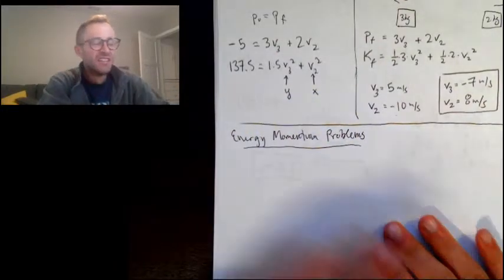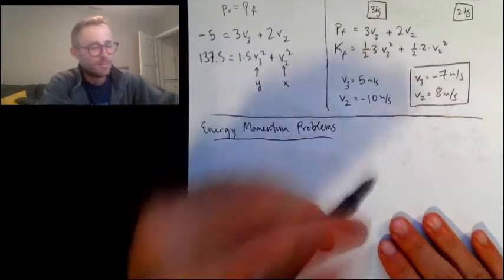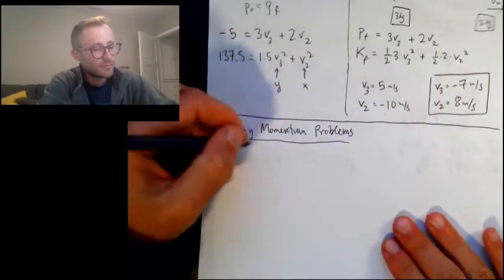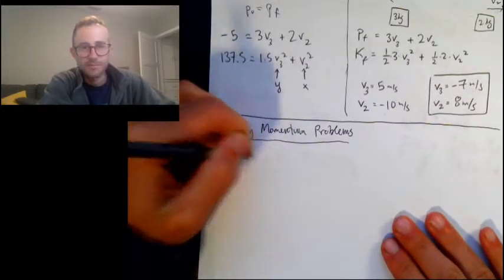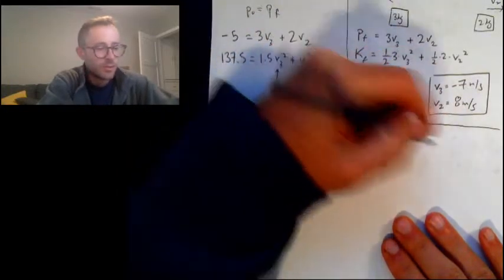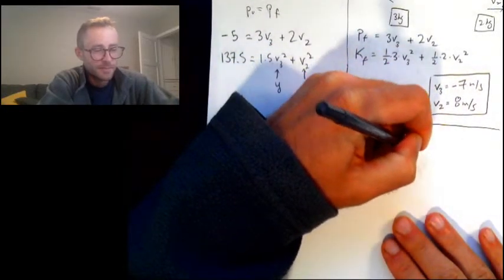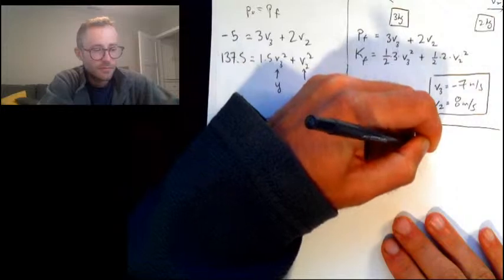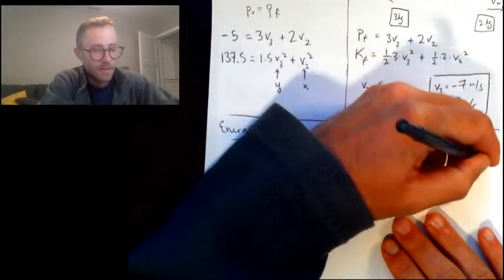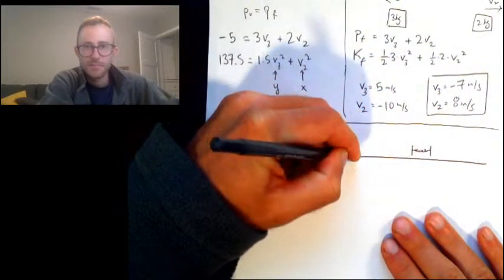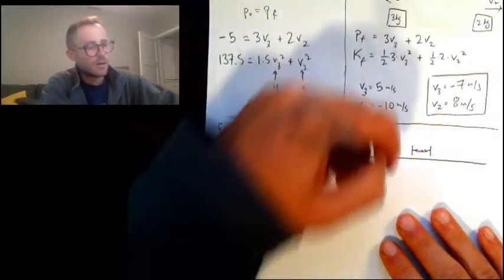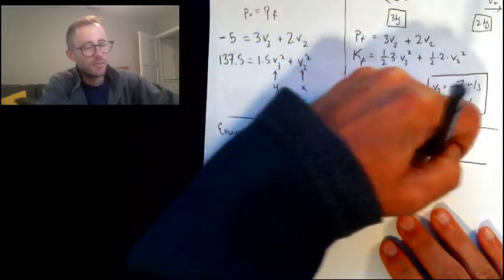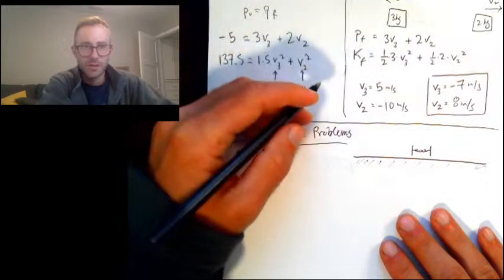Okay, so let's do an example and we'll see how it works. So we've got a spring on a table. The table is frictionless.